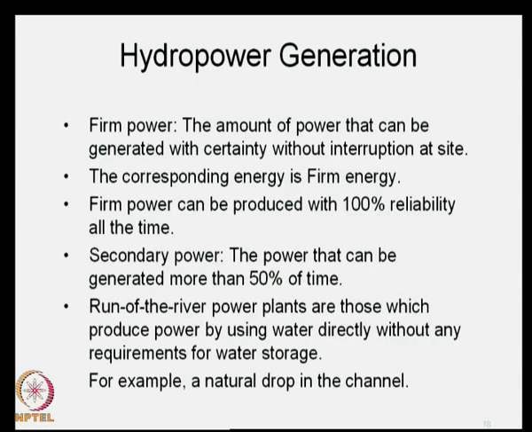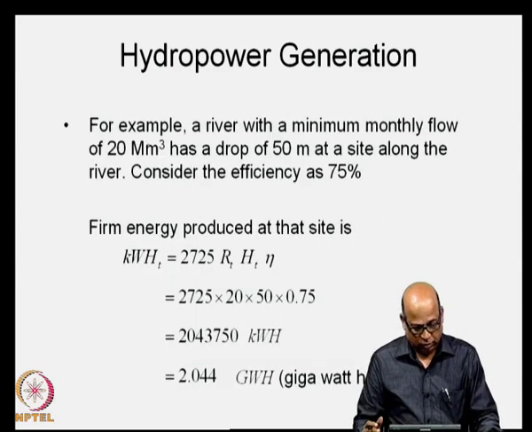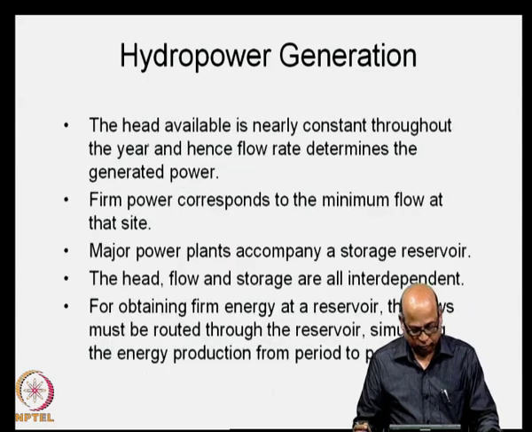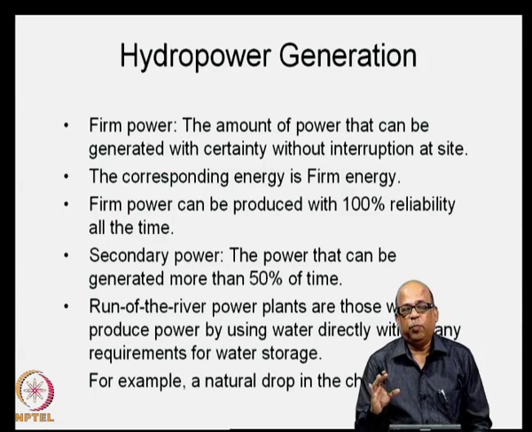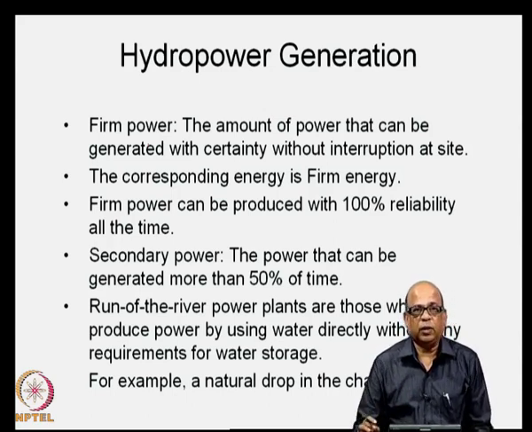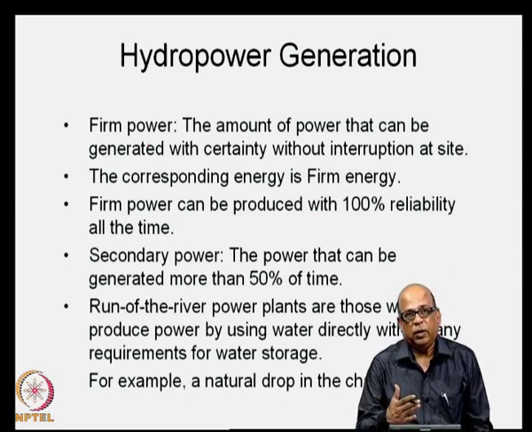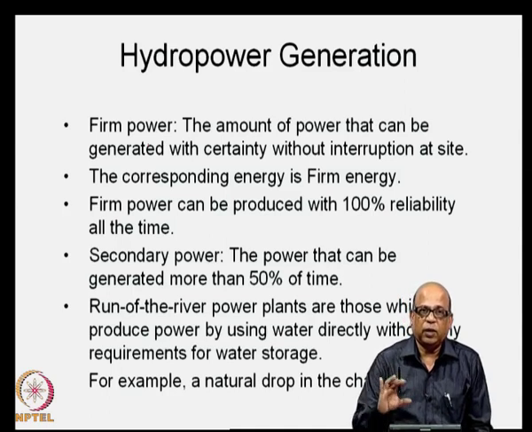All right. Now, the firm power, there are some concepts that we have to be clear on. Let me just go through this. There is a concept of what is called as a firm power or the minimum power that you can produce at a particular site. This is the power that is available with 100% reliability. Remember, our power that is produced is a function of both the discharge as well as the head.